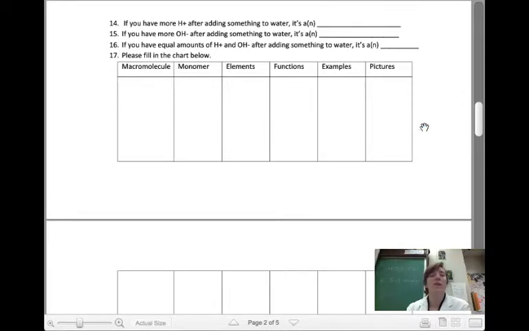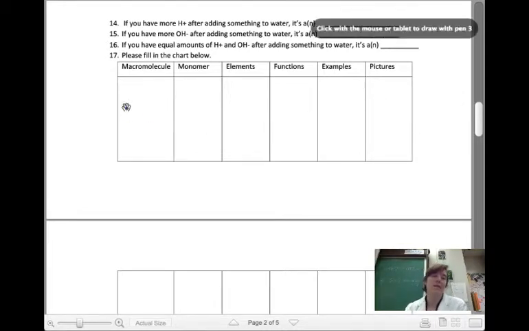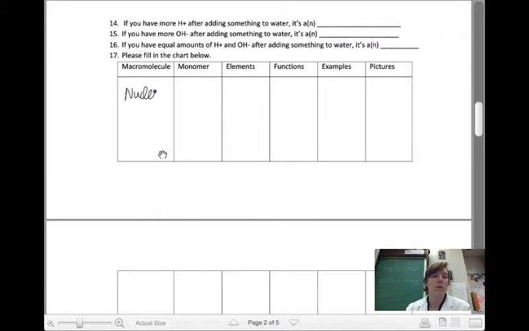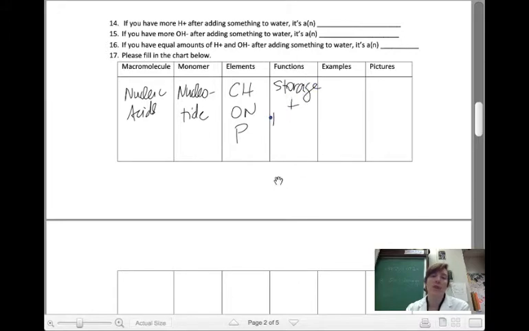All right, and then lastly we have nucleic acids. And our monomer there is a nucleotide. And our elements here are C, H, O, N, and P, chomp. And our functions are storage and transmission of hereditary information.